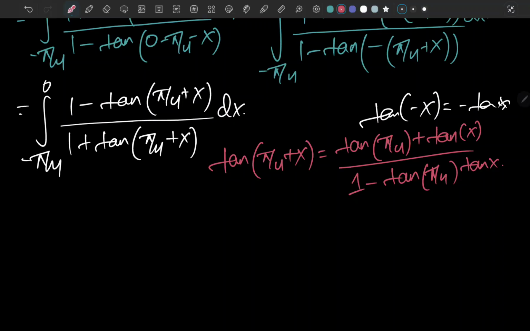Am I right guys? Yeah, it's right, I think. So tangent of pi over 4 is 1, so we get 1 plus tangent of x over 1 minus tangent of x.